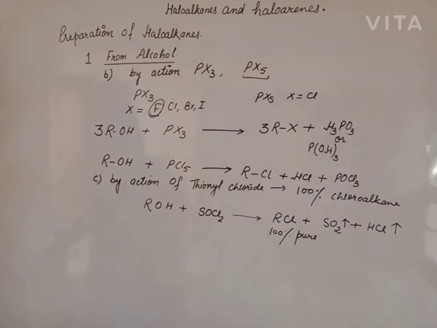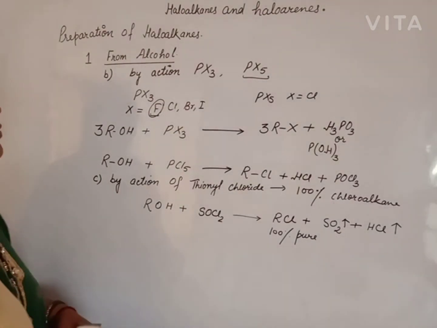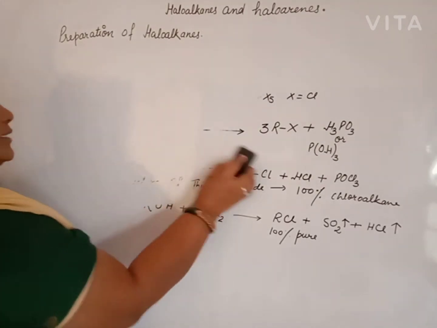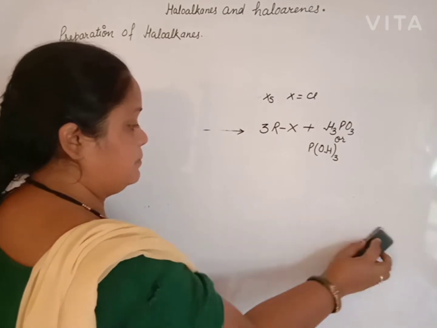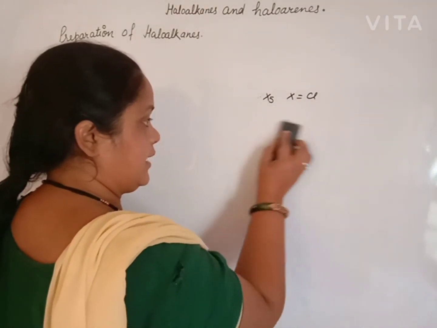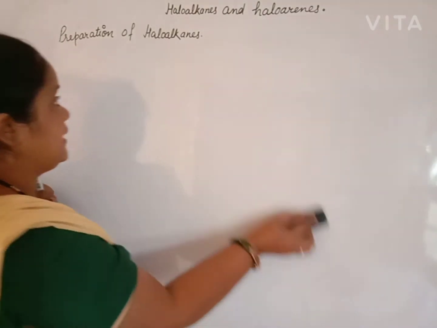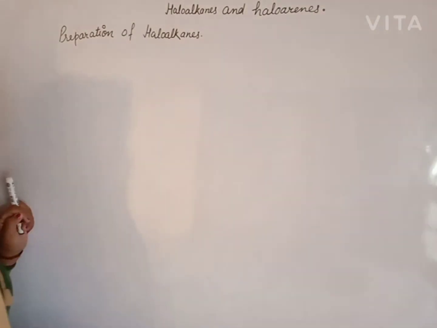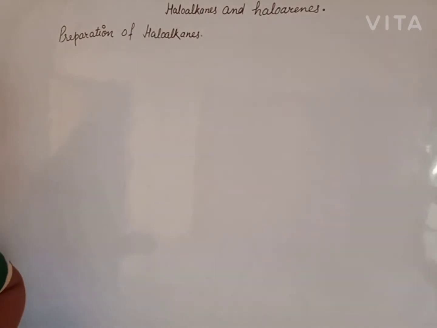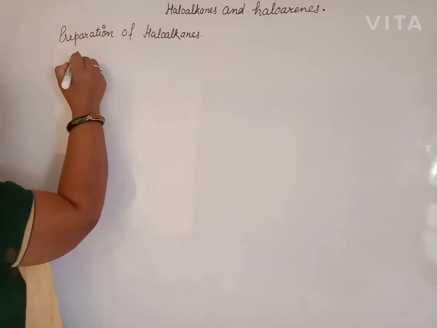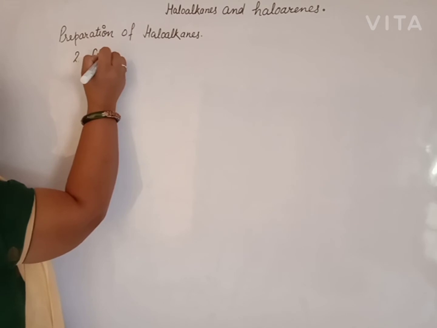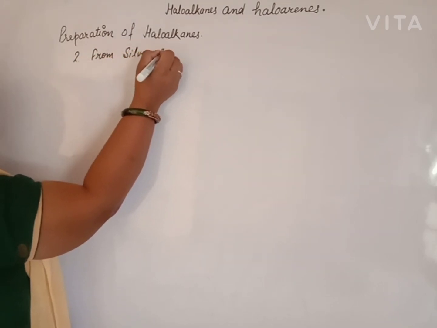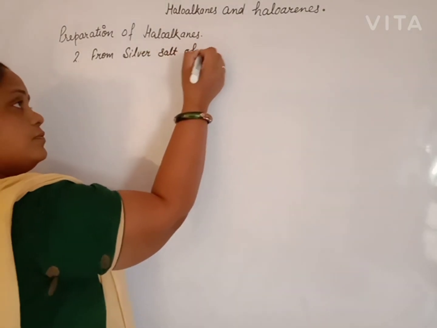Now another method for the preparation of haloalkane, that is from carboxylic acid. Carboxylic acid itself is not used, but the silver salt of carboxylic acid. Second method, from silver salt of fatty acid.